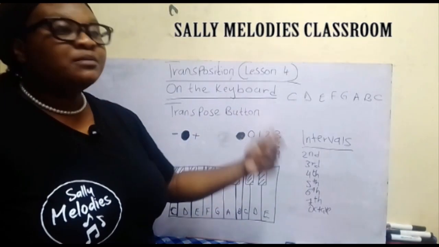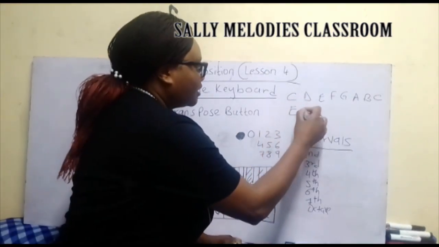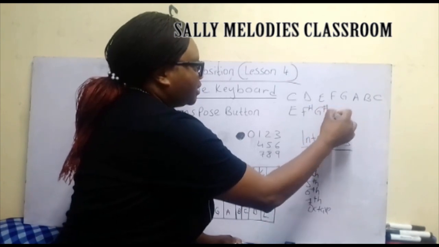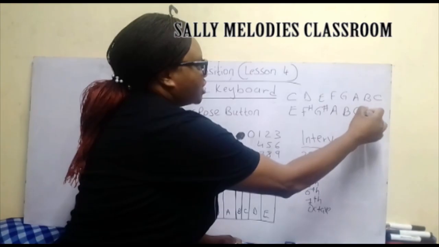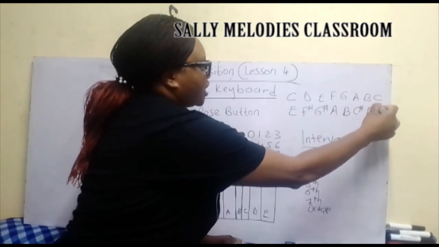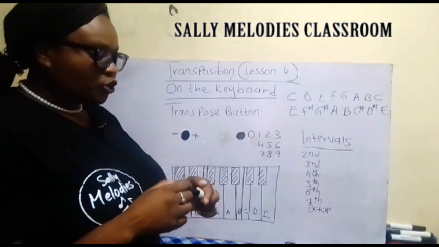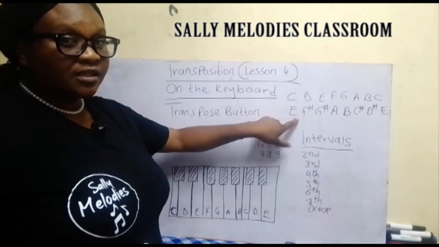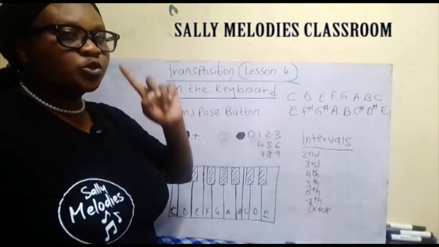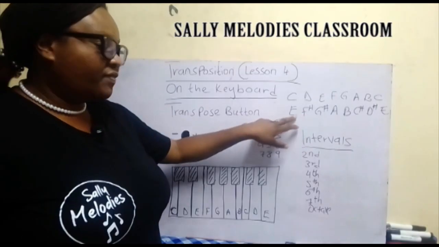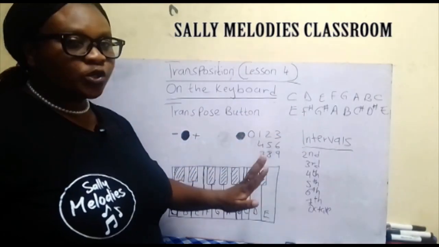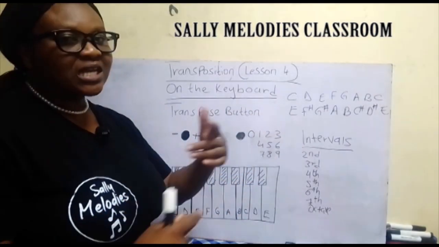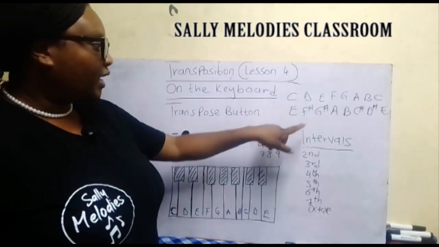So that is E, F sharp, G sharp, A, B, C sharp, D sharp, E. You have been told that the song should be played in E major, and the only key that you know how to play as a beginner is C. Use the transpose button, but as we have said, don't stick there for so long. Just use it as an emergency as you explore to know this other key.